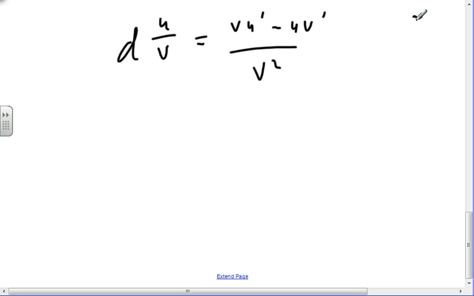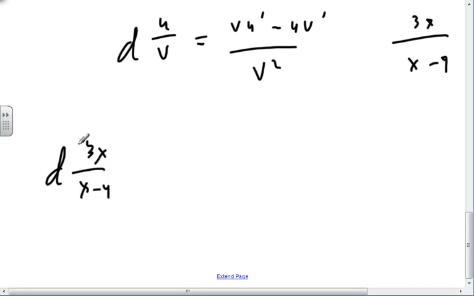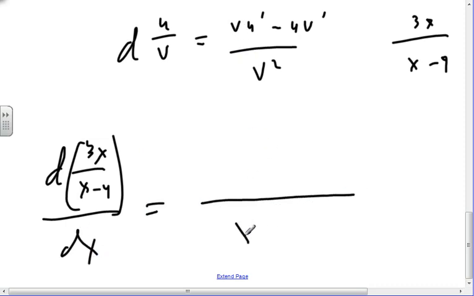Alright, so I had 3x over x minus 4. Okay, so the derivative of 3x over x minus 4. The guy on the bottom, x minus 4 squared.